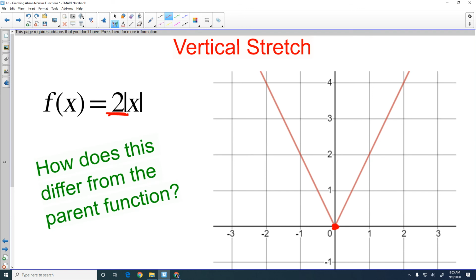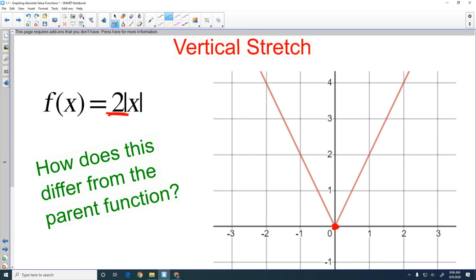What do you guys think? Did it do anything? All right, I'm getting a few head bobs. Anyone brave enough to tell me what they think is different? Allison?